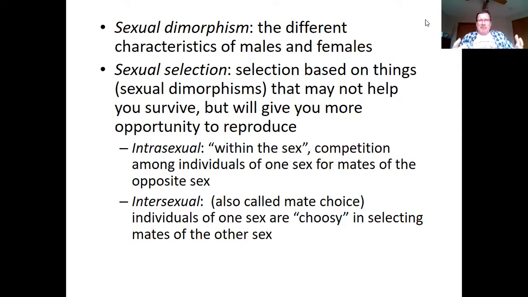And while that's the biggest example, generally because the males in many organisms are the larger type and more physical, there certainly are plenty of other organisms where it would be the quote unquote females also. So that's the idea. Intersexual is also called mate choice. That is when you see organisms and animals where they have a mating ritual, a dance, a call, a song, or something like that, and they need to attract. It is one of the reasons why you see this in bird coloring, like right now as the cardinals come back.